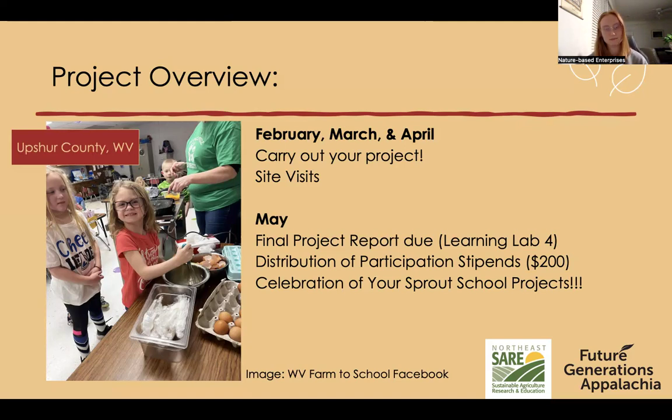And if your project is not complete by May, that is totally okay. We just need some kind of written record that you've begun your project or have an evaluation plan for your project to distribute that participation stipend.